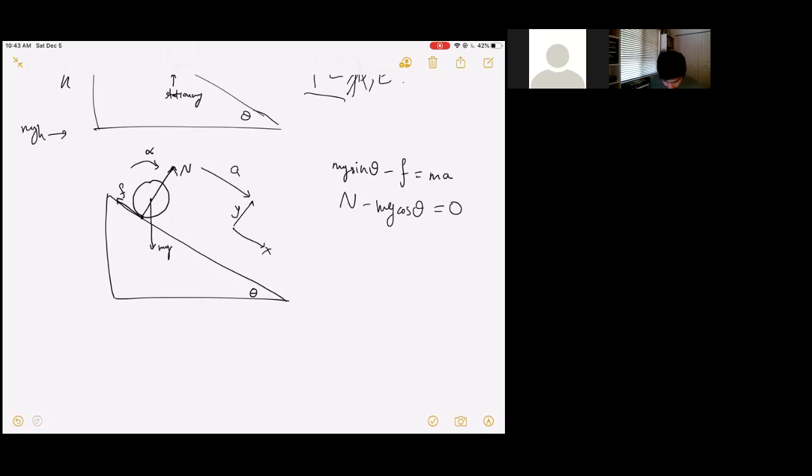And finally the torque equation says that F times R is equal to the moment of inertia times the angular acceleration.